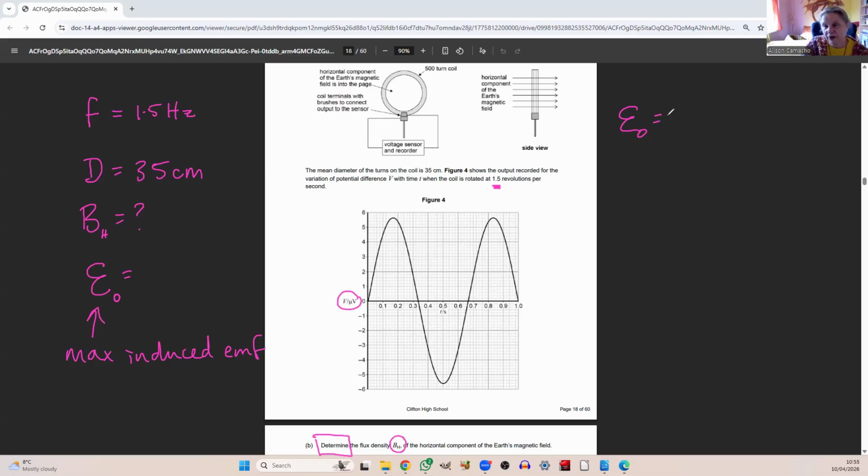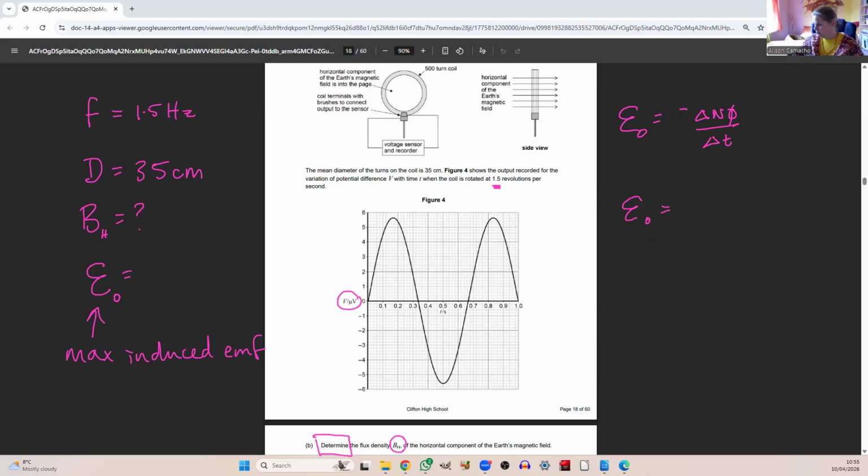Okay, I'm going to write one down. So we've got E is minus delta N phi over delta t. But we've got an oscillating thing going on here, haven't we? So there is another one, isn't there?